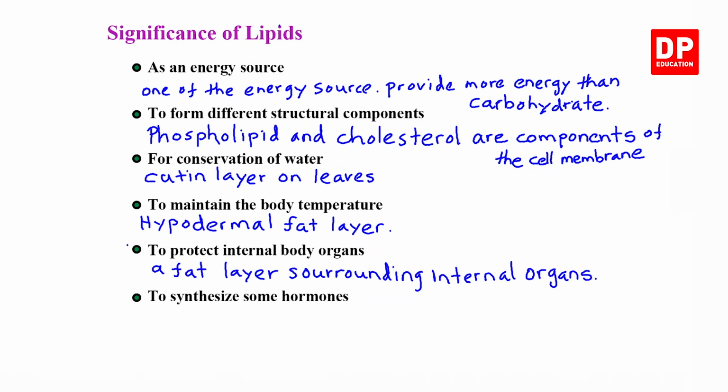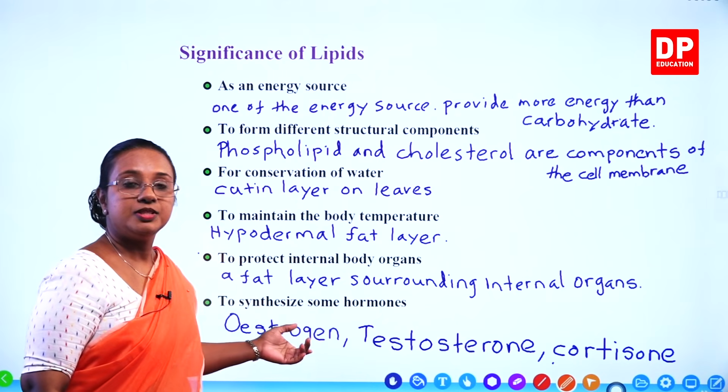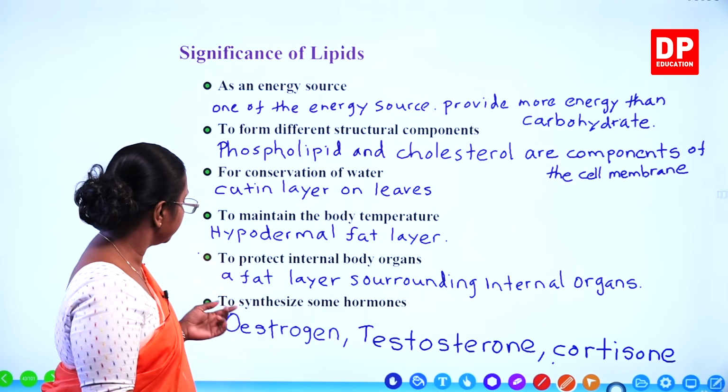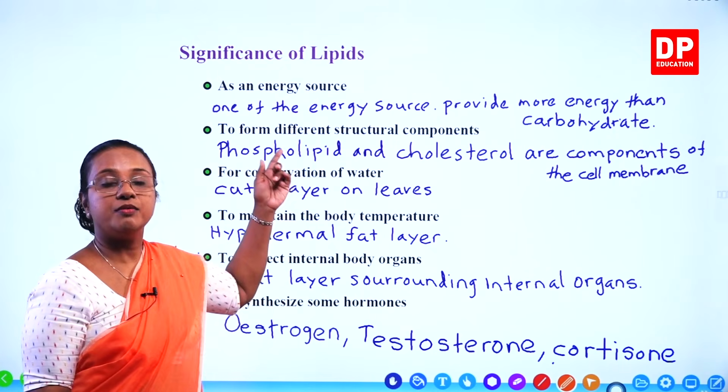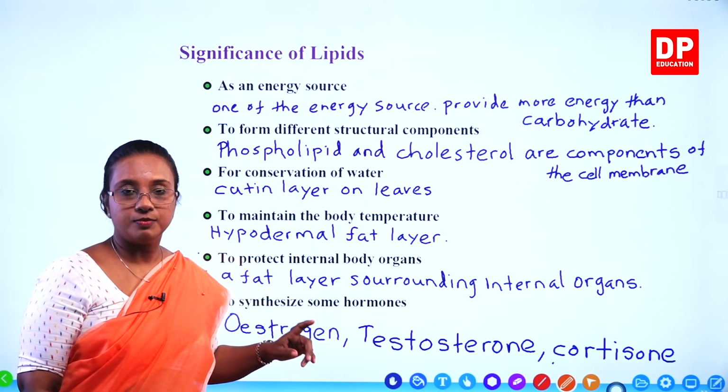Examples are estrogen, testosterone, and cortisol. So students, these are the hormones that are made up of lipids. So we call them steroid hormones.